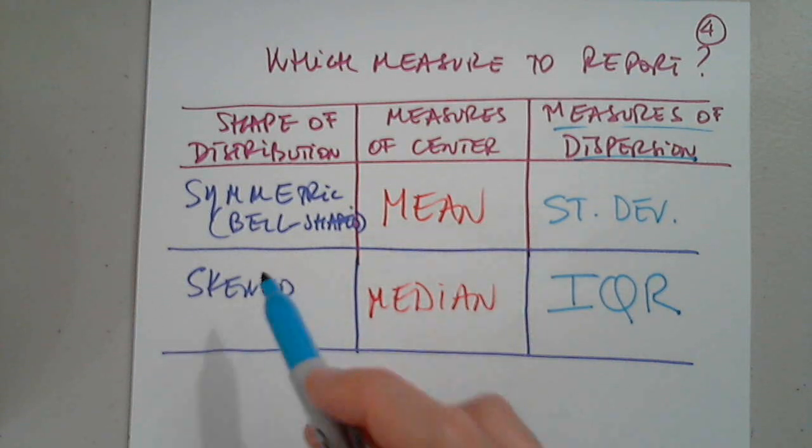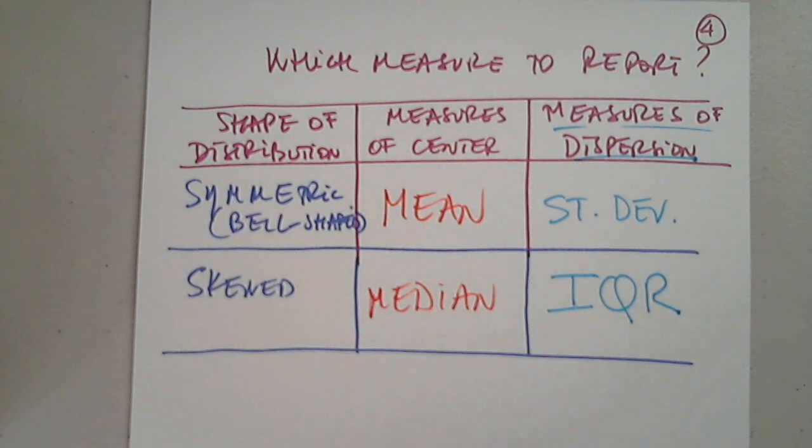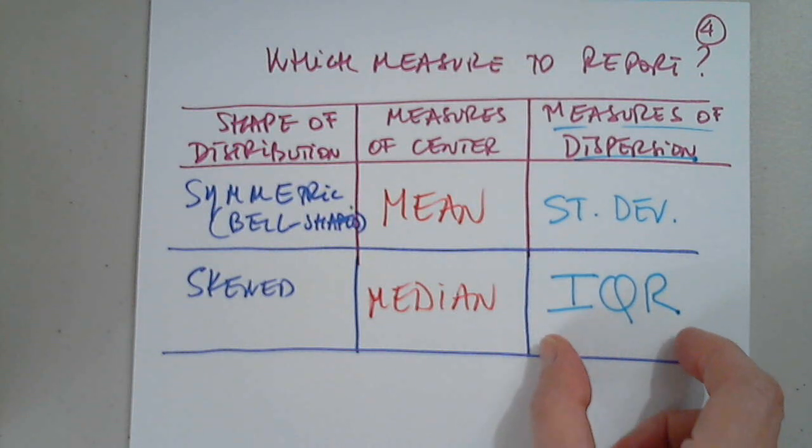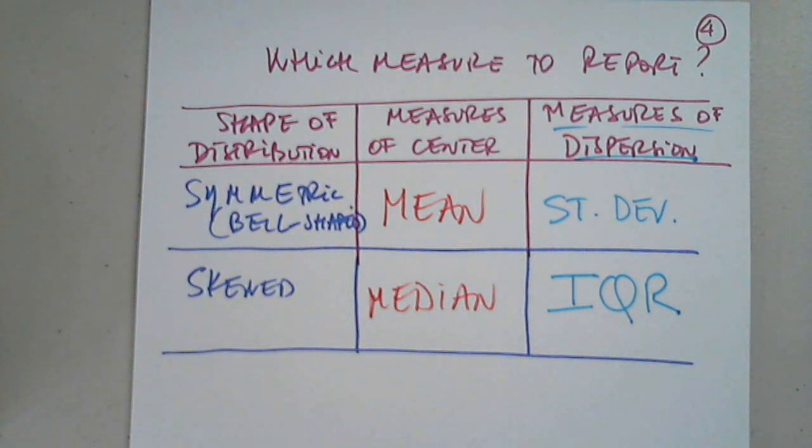So for the skewed distribution, the IQR. Is there a reason why we want to use IQR? It's the best measure. It shows the middle 50%. It's the best measure for a skewed distribution.